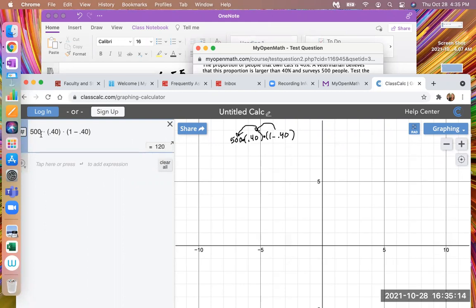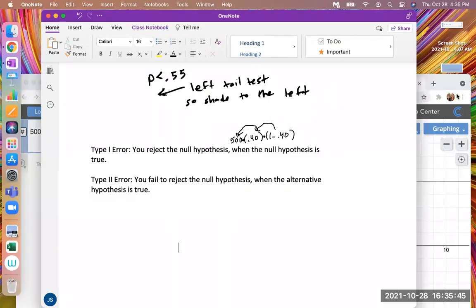We can double check it: 40% of 500 is about half of 500, so about 250. Then we multiply by 1 minus 0.4, that's 0.6, which is kind of like multiplying by 50% again, so that would be about 125. So 120 sounds correct, and our answer for this part is going to be 120.